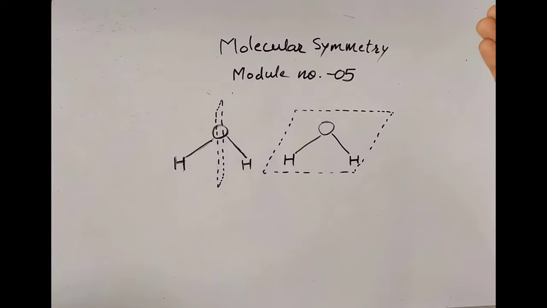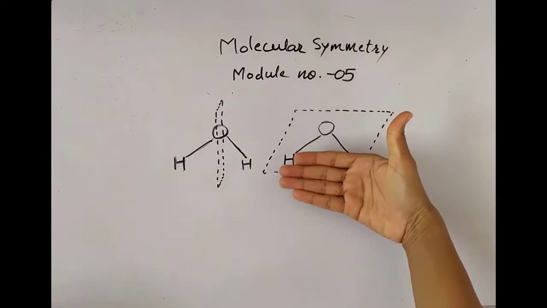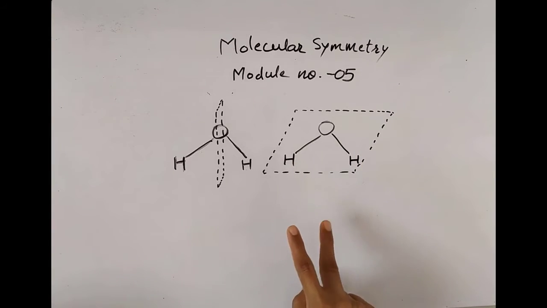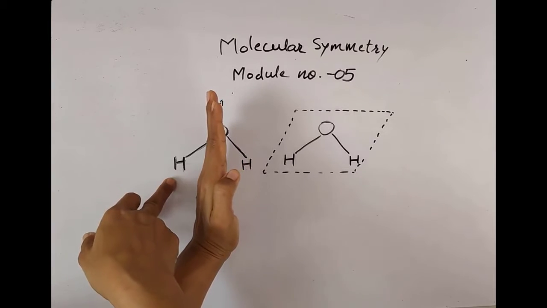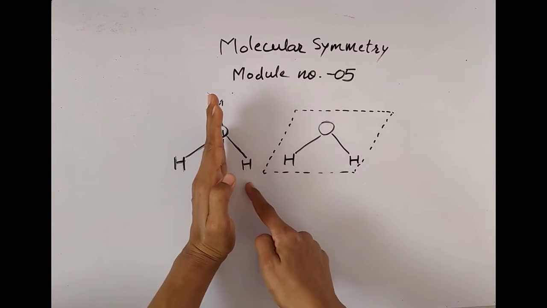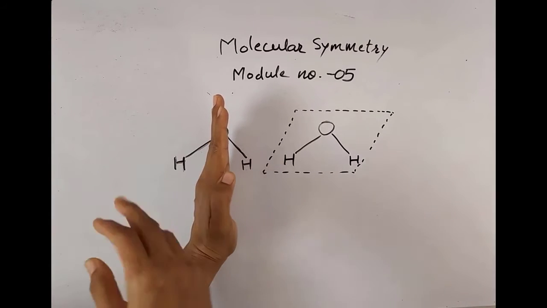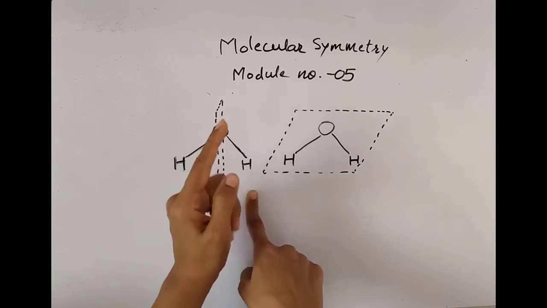So we can pass the plane in such a way that it cuts all three atoms into two equal halves. In this plane, this bond and this hydrogen atom are overlapped with the other bond and hydrogen atom. This means in this plane there is a reflection of one hydrogen atom over the other hydrogen atom.